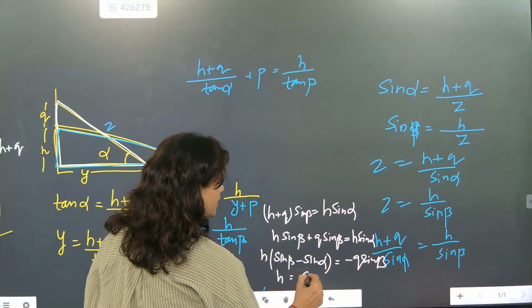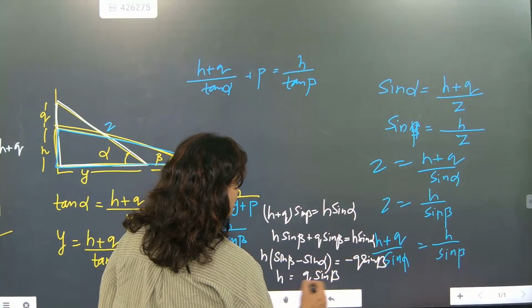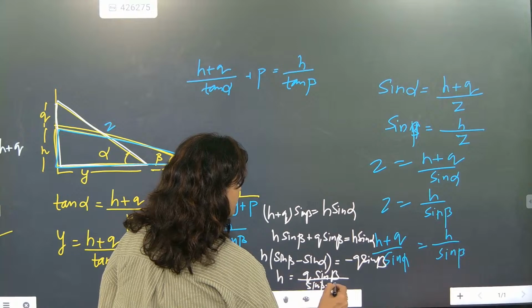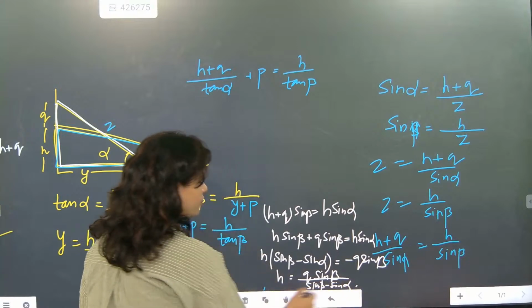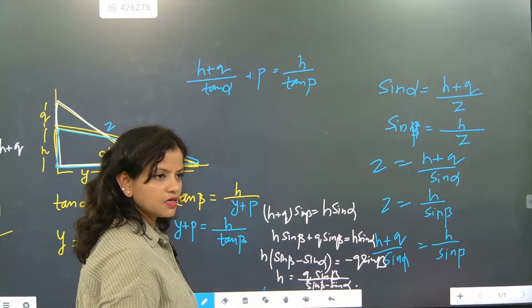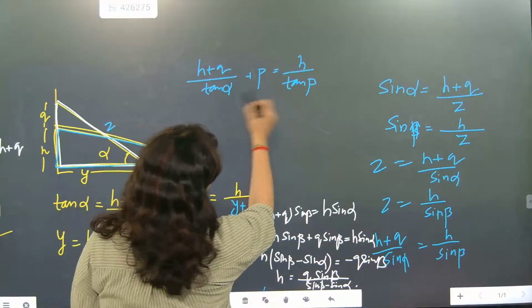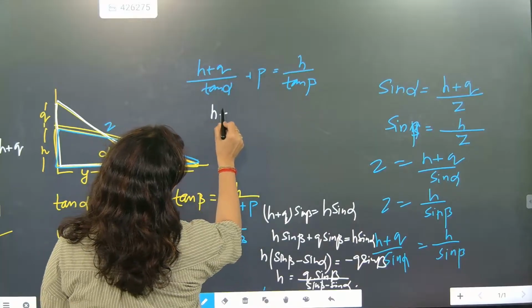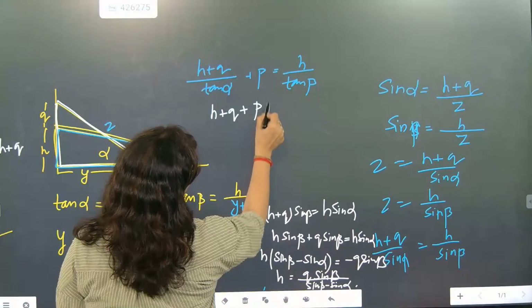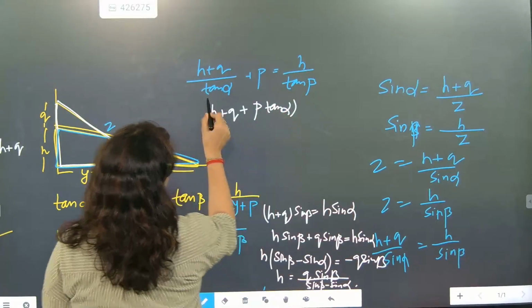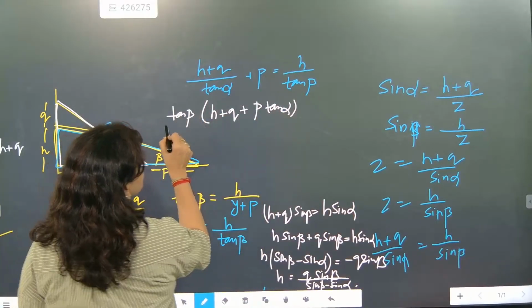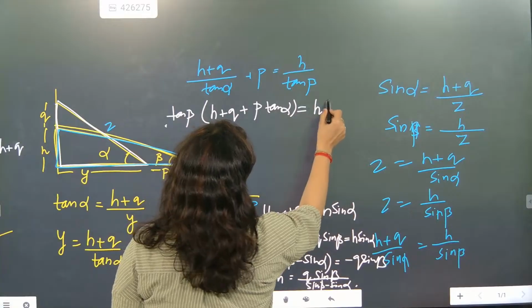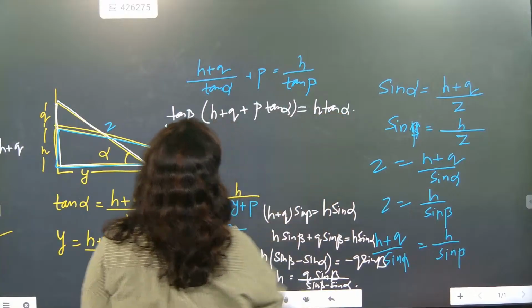H value is coming as q sine beta by sine beta minus sine alpha. Now from here h value, one value we got, correct? And another here is, if we got h value as, we'll just multiply it. It will become h plus q plus p tan alpha into tan beta, then is equal to h tan alpha.